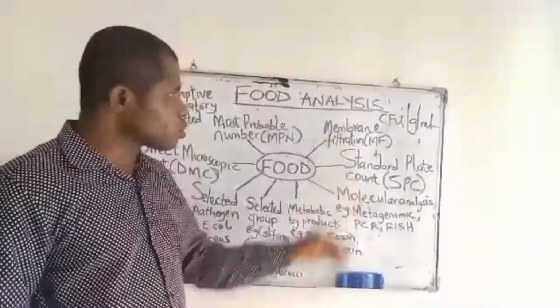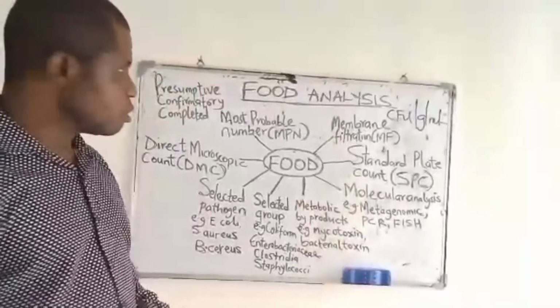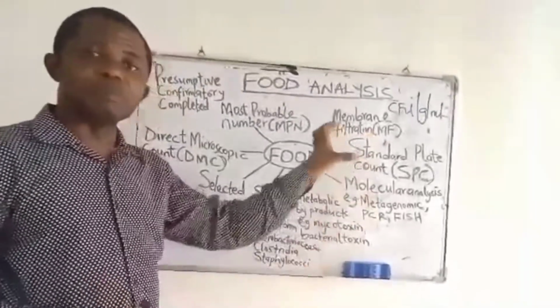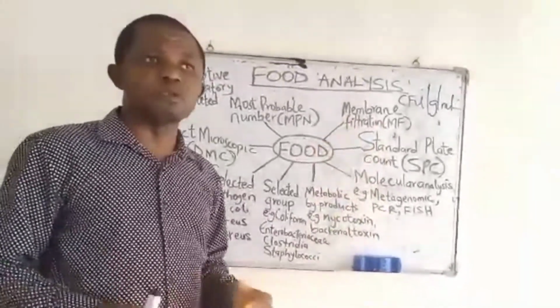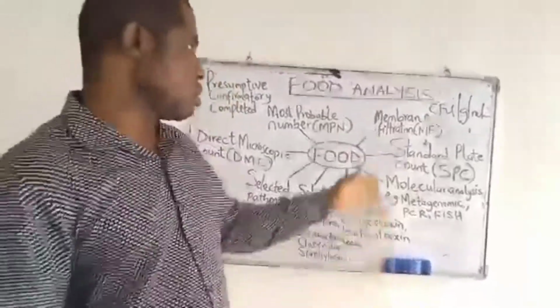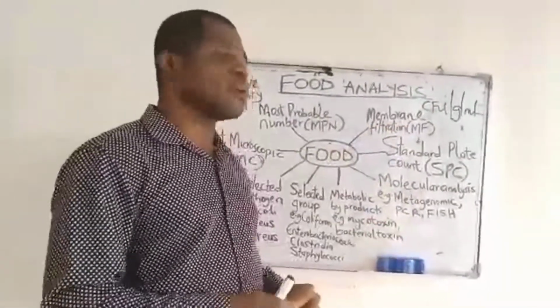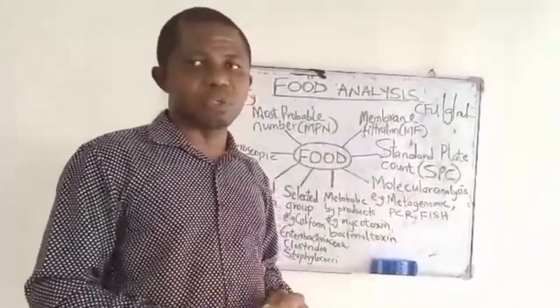Okay, then the next one is membrane filtration with the acronym MF. In membrane filtration, the food sample is prepared. Mostly because of this technique, liquid food samples are used.